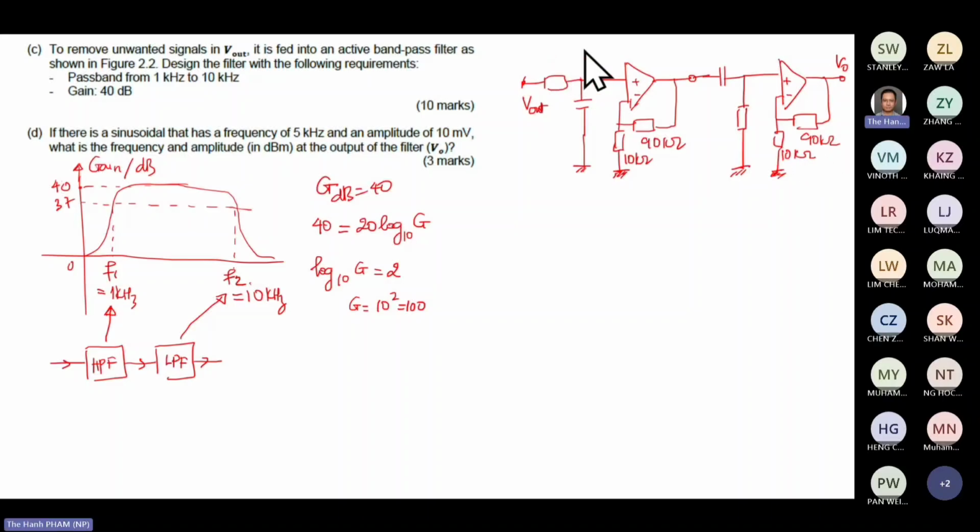This one is Y. This one is R1. This one is C1. This one is R2. This one is C2. So you have to choose in such a way that 2 pi R1 C1 gives, since this one is a low pass, 10 kilohertz. And you have to choose R2 C2 in such a way that this one is 1 kilohertz.